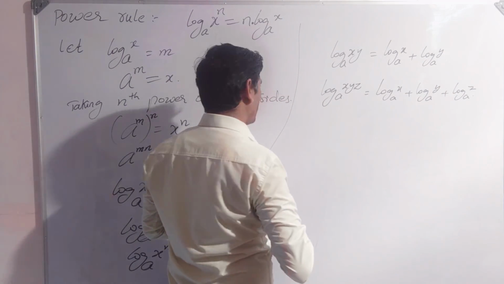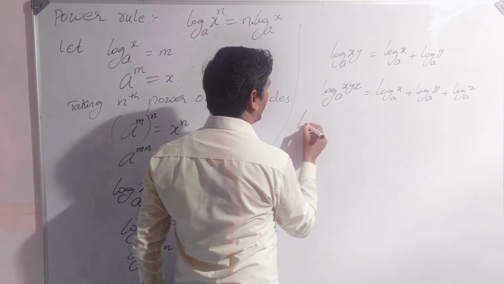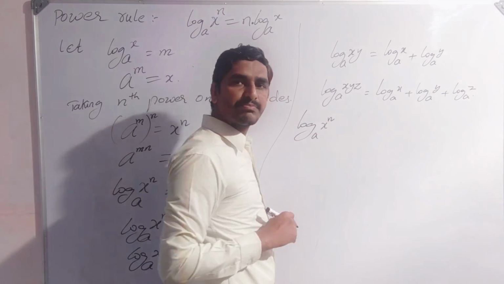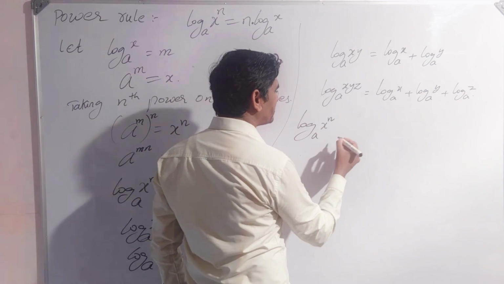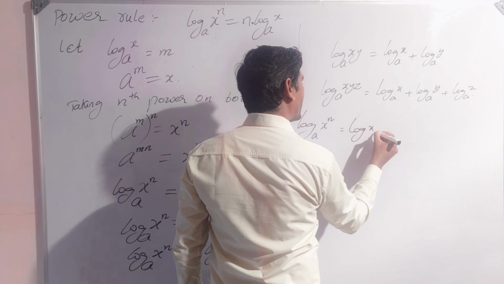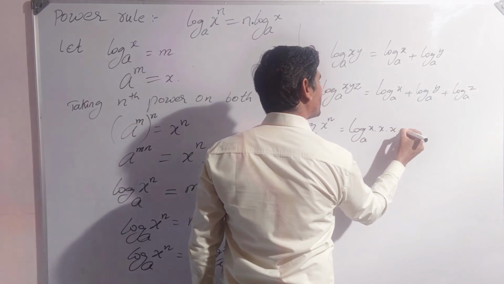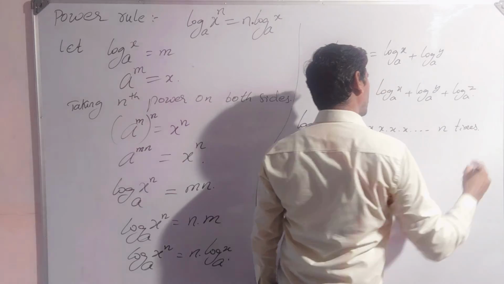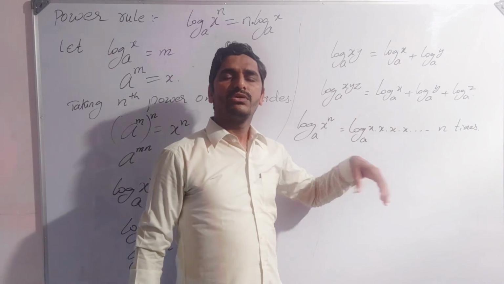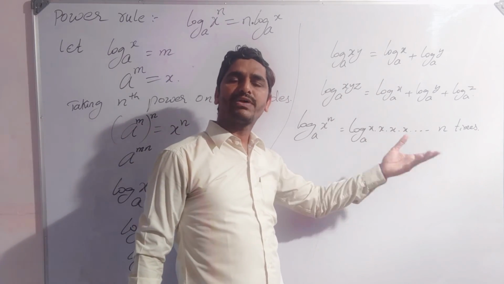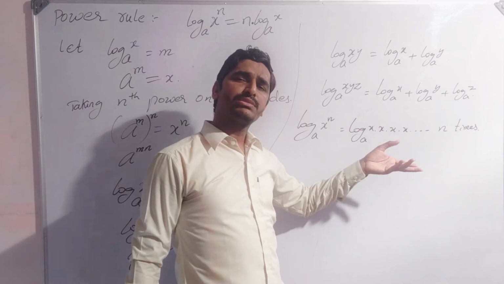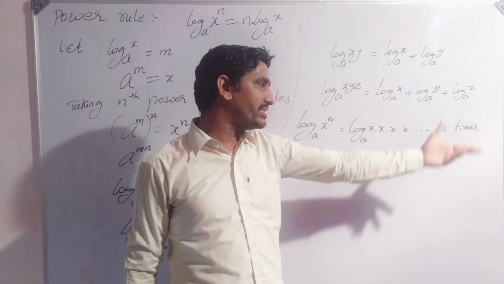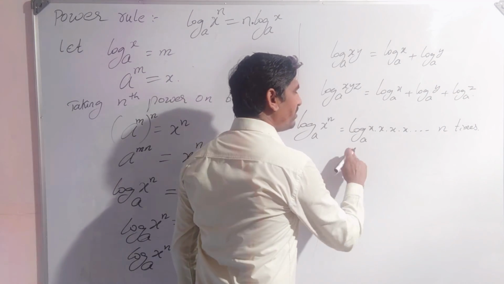Now, here the logarithm of x to the power n to the base a. How can we write this? As the logarithm of x into x into x into x, and so on, n times. For example, x into x 5 times is x to the power 5, 7 times is x to the power 7, 10 times is x to the power 10. Like that, n times. Now the logarithm is applied.